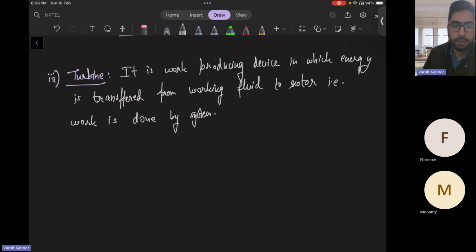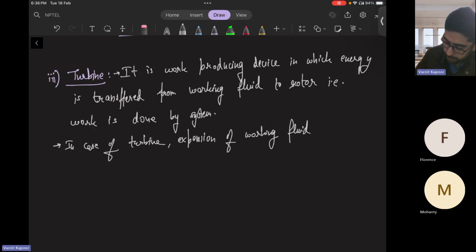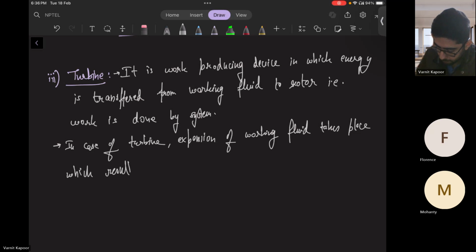The energy is transferred from working fluid to the rotor and we extract the work out of the system. So in case of a turbine, expansion of working fluid takes place, which results in decrease in pressure.